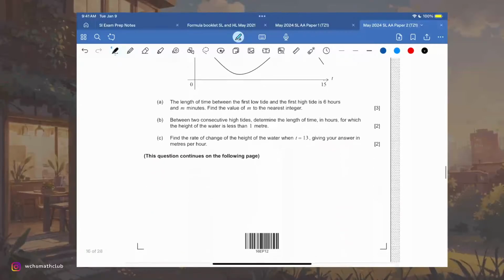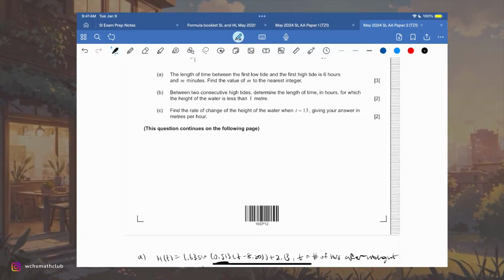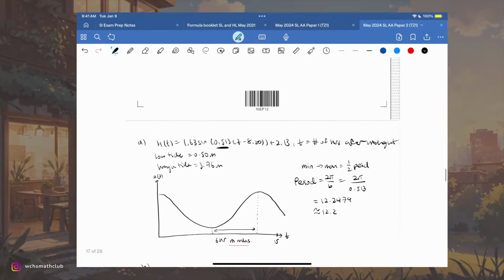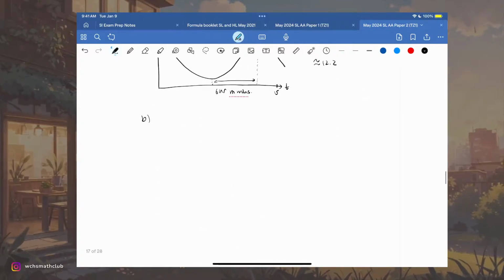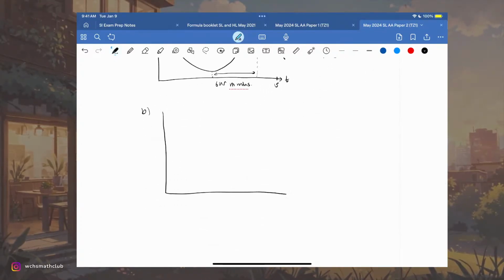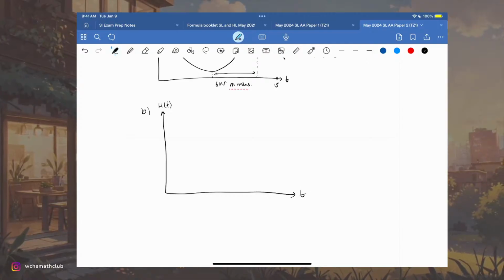Question B asks, between 2 consecutive high tides, determine the length of time in hours for which the height of the water is less than 1 meter. We can look at this on a graph again, because to solve this, we can pretty much just use our graphing display calculator. So drawing the graph right over here, h of t is on the y-axis and t is on the x-axis.